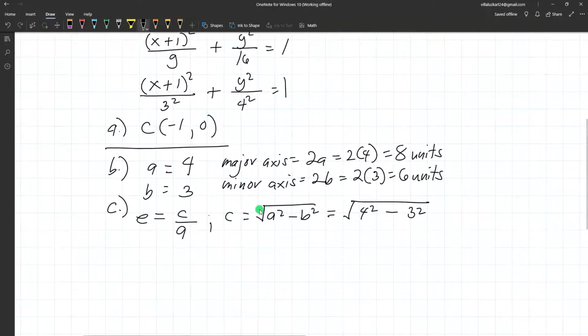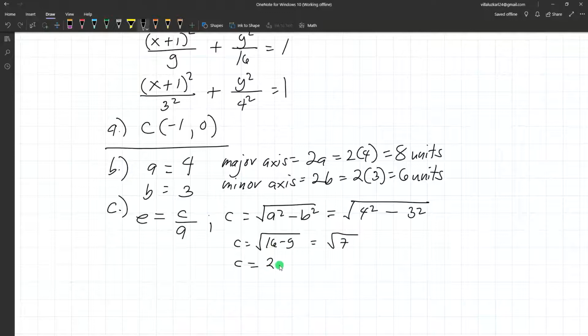C therefore is equal to the square root of 16 minus 9, the square root of 7, or in decimal, square root of 7 is equivalent to 2.6457 or 2.646. But if we want to use the exact value, we can use square root of 7 in substituting here in the formula for the eccentricity.